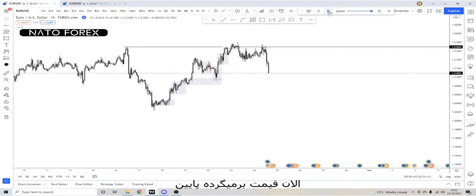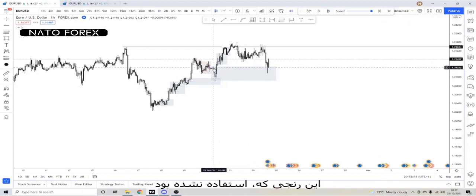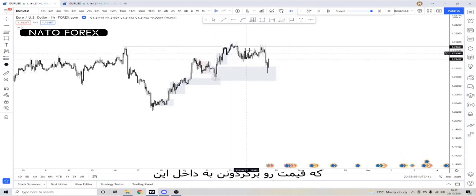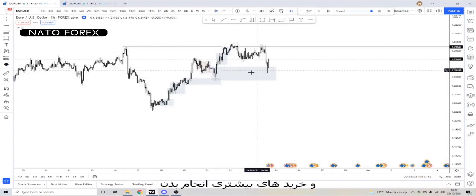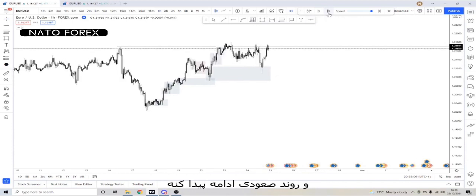So price now comes back down into this range that was unmitigated, which was left for a reason for this to happen, for them to sell back into the unmitigated range, stack more buy orders, and continue higher.